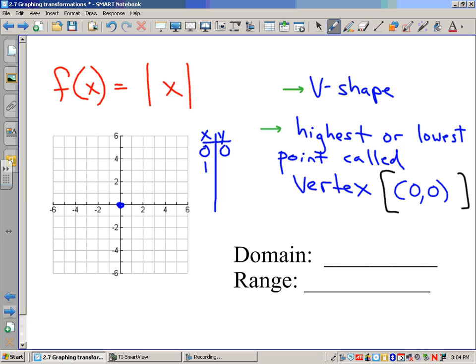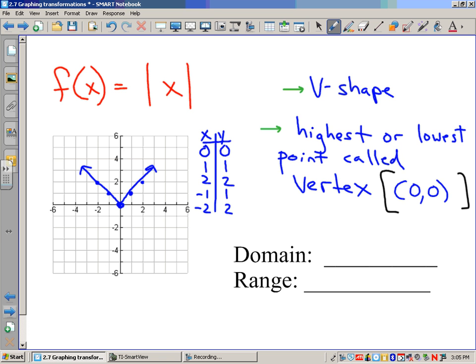The absolute value of 1 is 1. Absolute value of 2 is 2. The absolute value of -1 is 1. The absolute value of -2 is 2. Plot those points: (1, 1), (2, 2), (-1, 1), (-2, 2). You get this V shape.